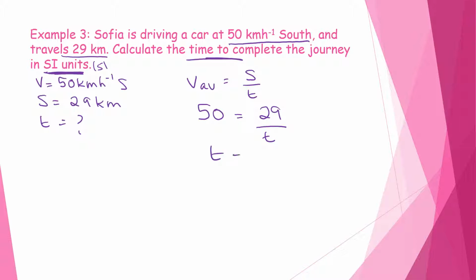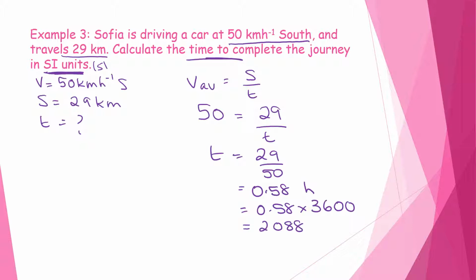So the time is going to be equal to 29 divided by 50, which comes out to 0.58 of an hour. So to convert this into seconds, we're going to go 0.58 times 3,600, because there are 3,600 seconds in an hour, and it comes out to 2,088 seconds.